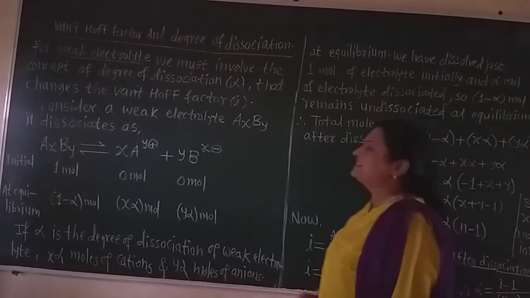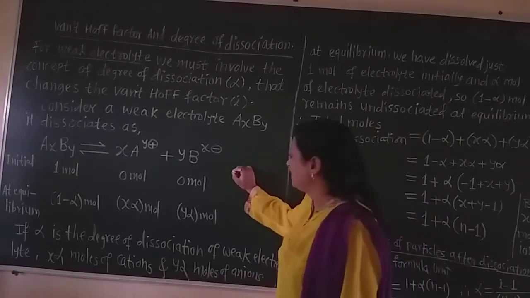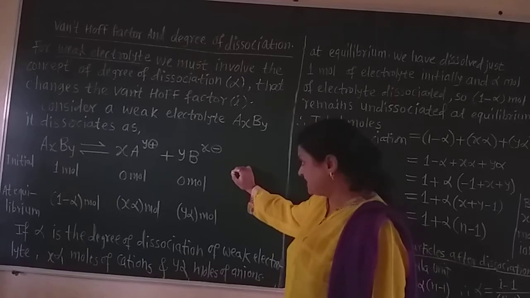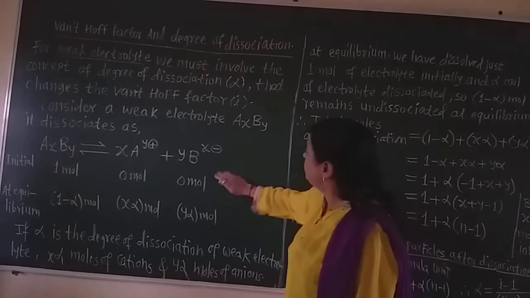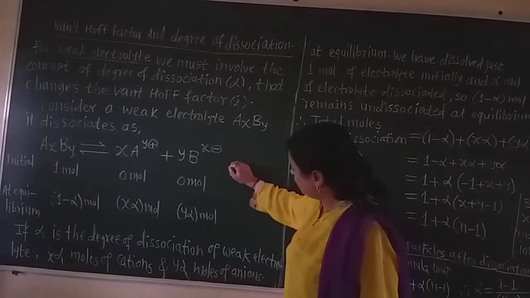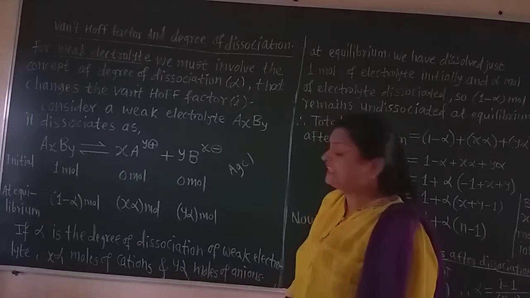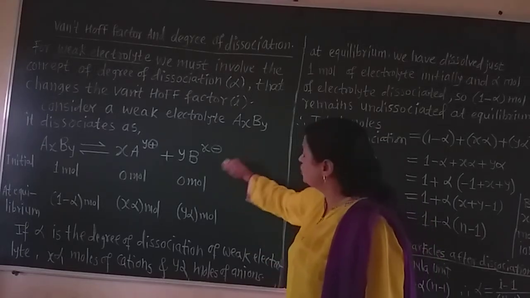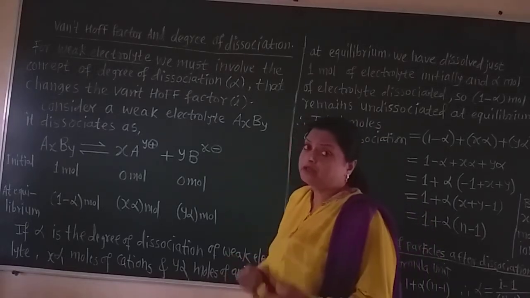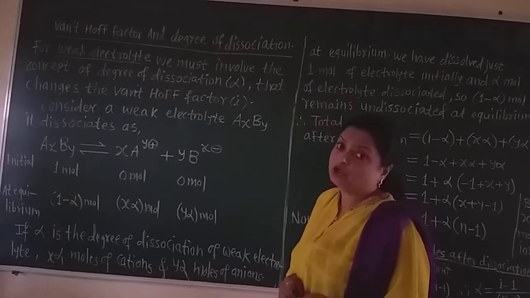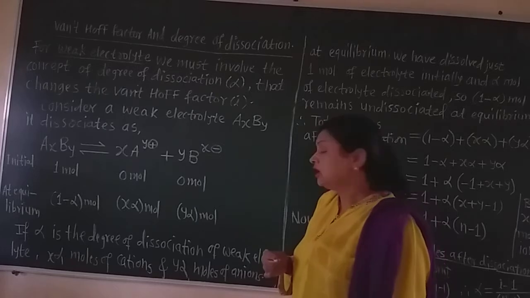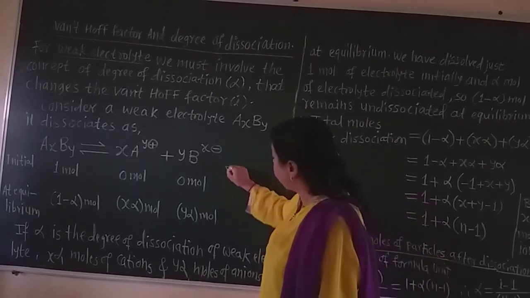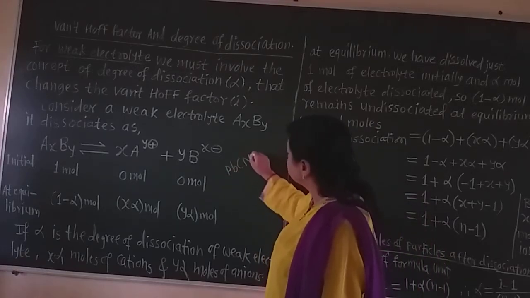Suppose AxBy is HCl, or it may be PbCl2 or AgCl, or ammonium chloride, which are weak electrolytes, but those have one cation and one anion, so let us consider Pb(NO3)2.